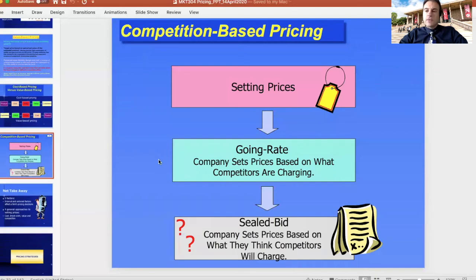Competition-based pricing is this time looking at something totally different, at what your competitors are doing, and imagining that based on what your competitors are doing, you have a chance to also be successful. So it is somewhat dangerous in the sense that the competitors may have different costs, and therefore you may be making no money by following what the competitors do.